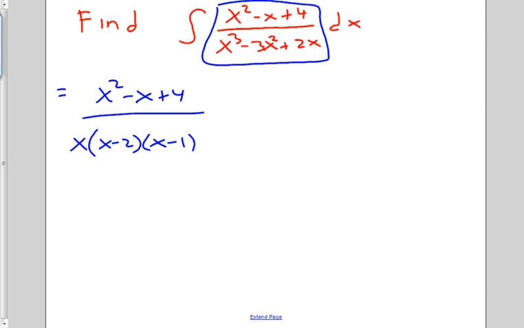And this is going to equal A over x plus B over x minus 1 plus C over x minus 2.